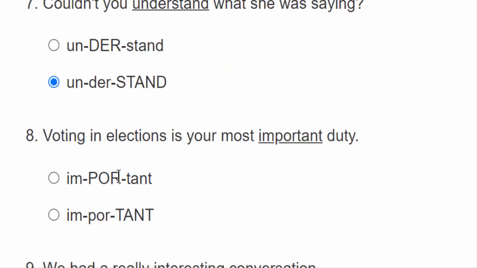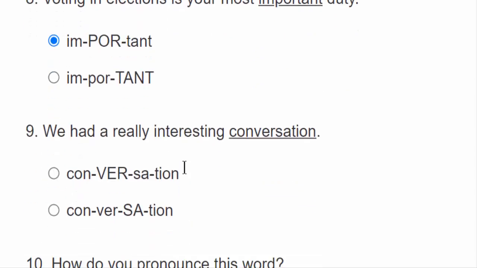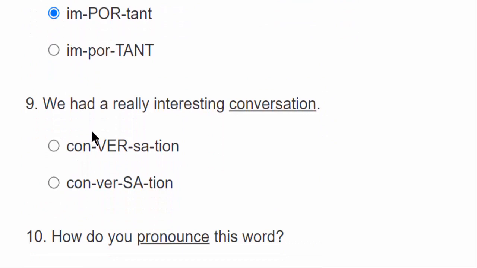Stand, okay. Voting in elections is your most important duty. Important. It's not M, it's important. I can hear Paul blowing on my face. Okay. We had a really interesting conversation. We have shin.